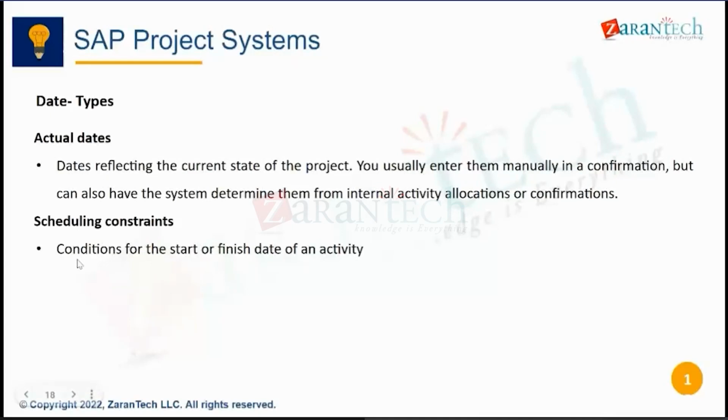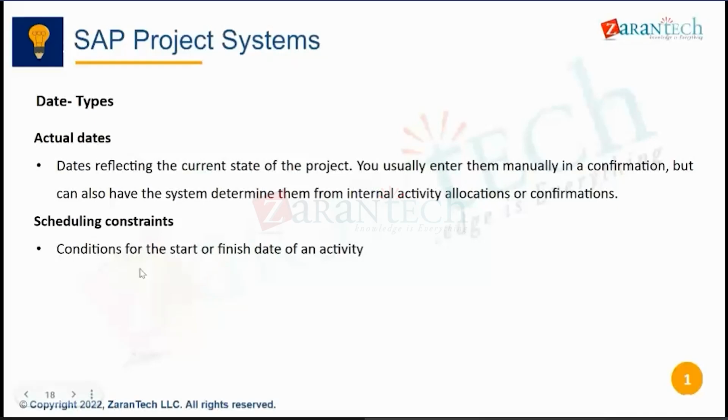Like I said, there is some day I want to start, let's say 15th August. I want to start the construction of a new highway on that 15th August. So I can put that constraint as a start date for my activity.